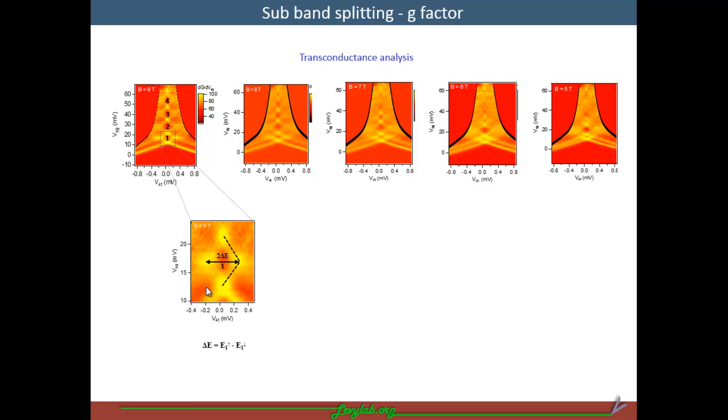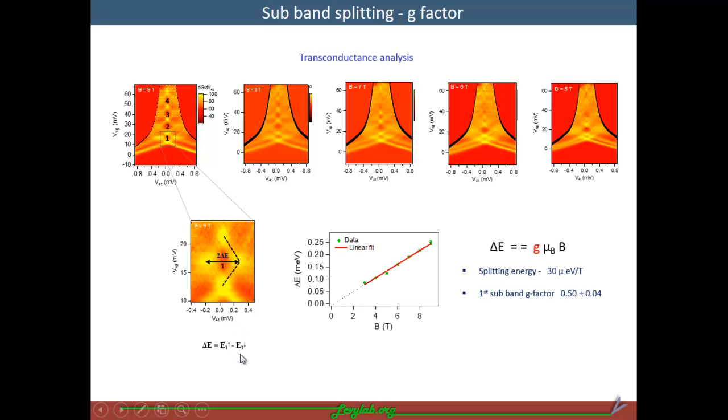So basically, the energy separation that we need to extract the g factor can be obtained by estimating the delta E value by doing a finite bias analysis, where delta E corresponds to the 4-terminal source drain bias, which is equal to the spacing between two spin bands.